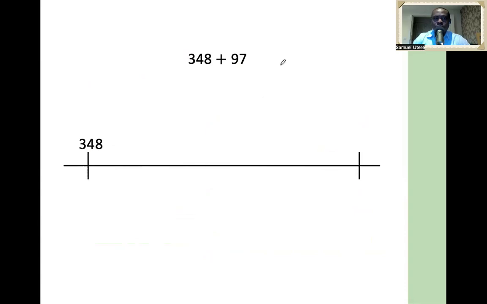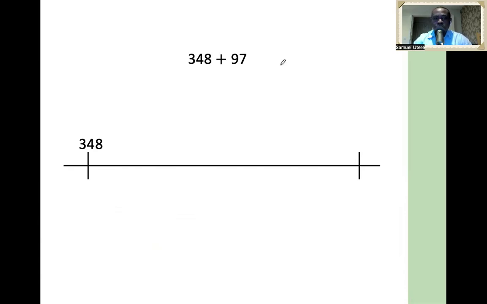How about this one? Now, using number lines can sometimes help us to do calculations. We can either visualize it. If you practice with number lines long enough, you will soon be able to visualize the calculations without actually needing a calculator or having to write it down. But let's practice.